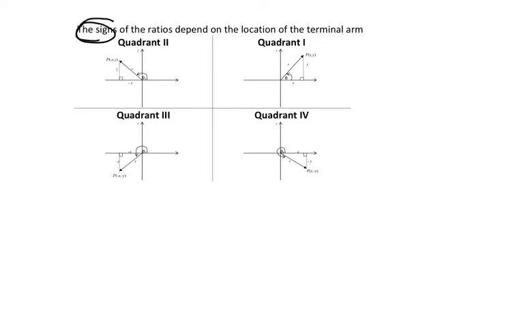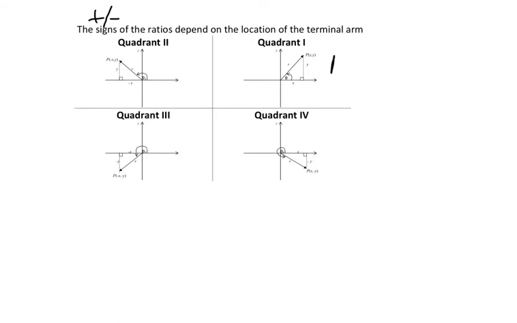So the sign, positive and negative, depend on where the arm is, obviously. So when we talk about sign, we're talking about positive, negative. And all you have to do is remember SOHCAHTOA. So if my arm is over here, opposite over hypotenuse is positive, adjacent over hypotenuse is positive, opposite over adjacent is positive.